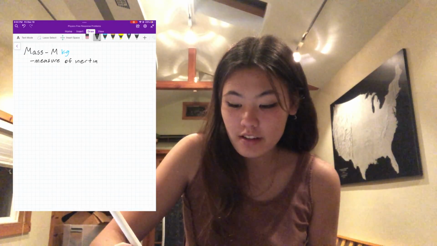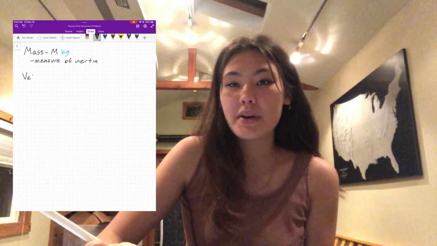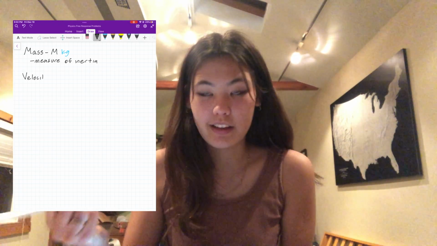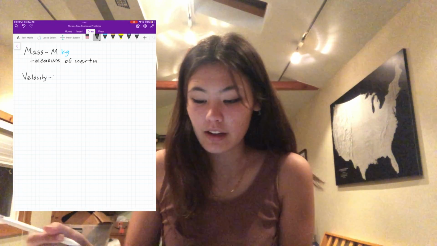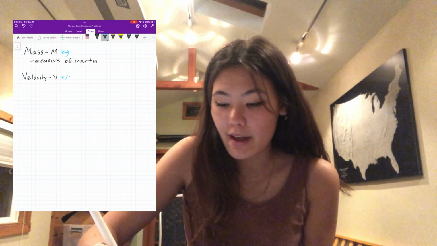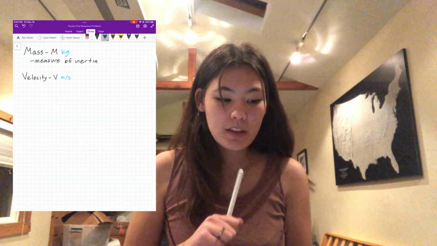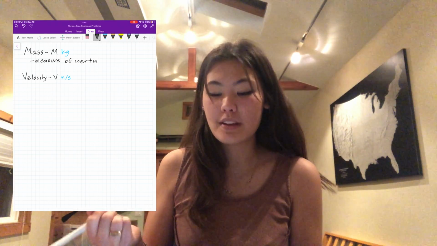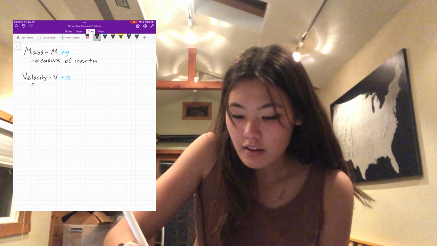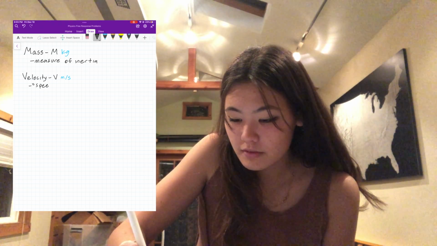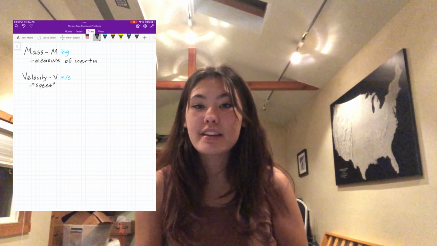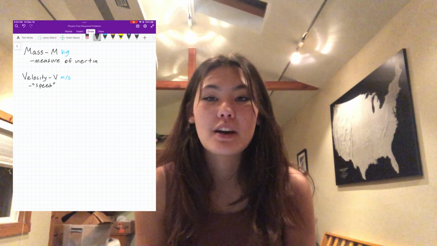Next, we'll talk about velocity. Velocity is denoted by the letter v, and it's given in the units meters per second, or m/s. And velocity is essentially the speed of an object. Velocity is the change in position of an object over a change in time.